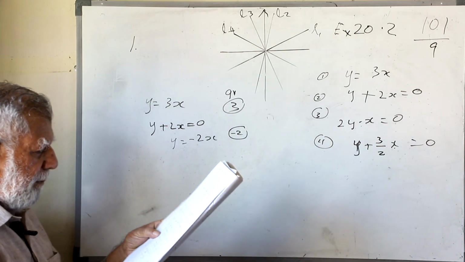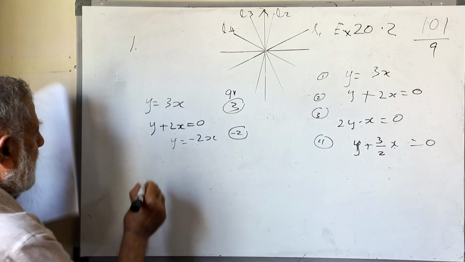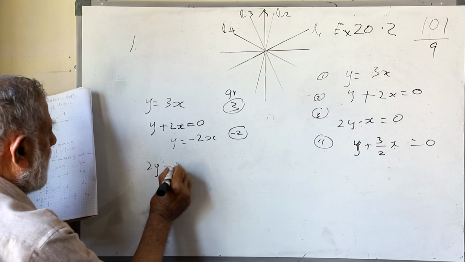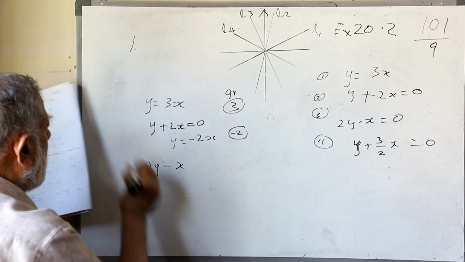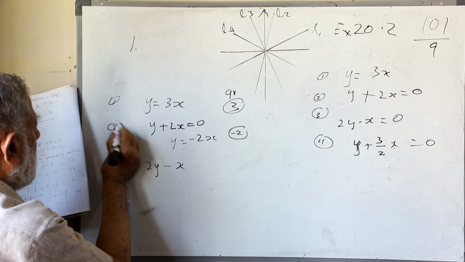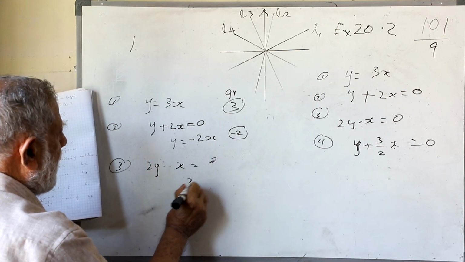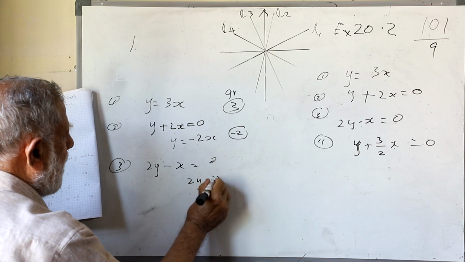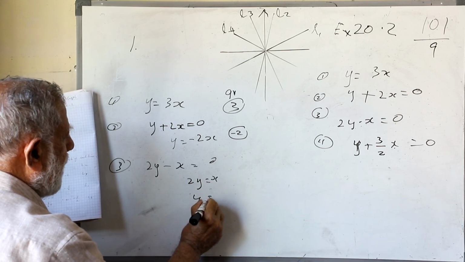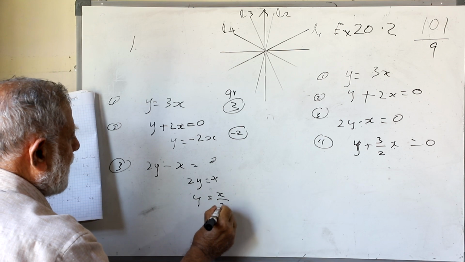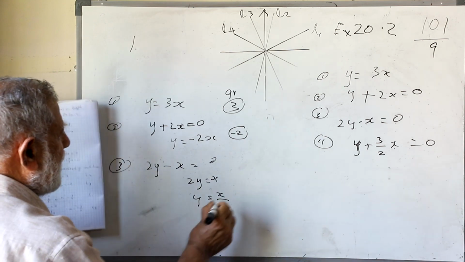In the third one, 2y minus x equals 0, 2y equals x, y equals x upon 2, that is half. So here the gradient is half.